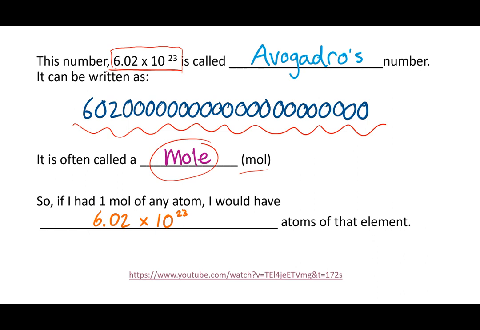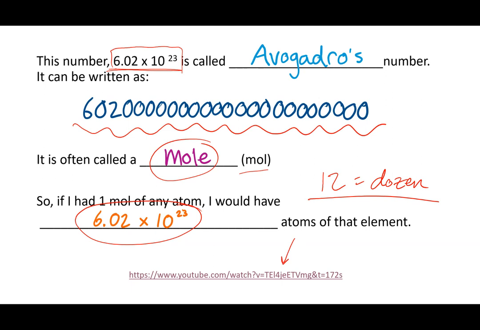So if you had 1 mole of any atom, you would have 6.02 times 10 to the 23rd atoms of that element. In fact, if you had this many of anything, you would have 1 mole of that thing.